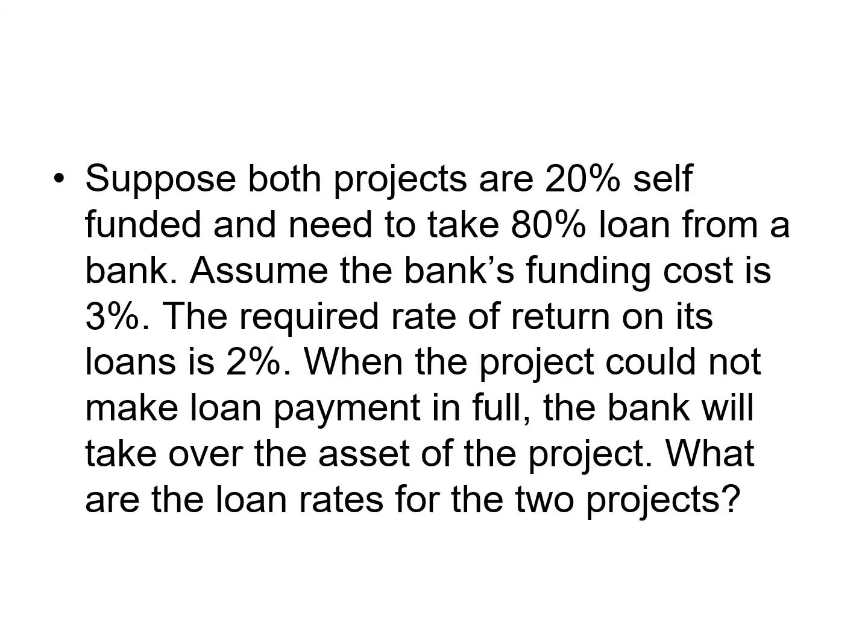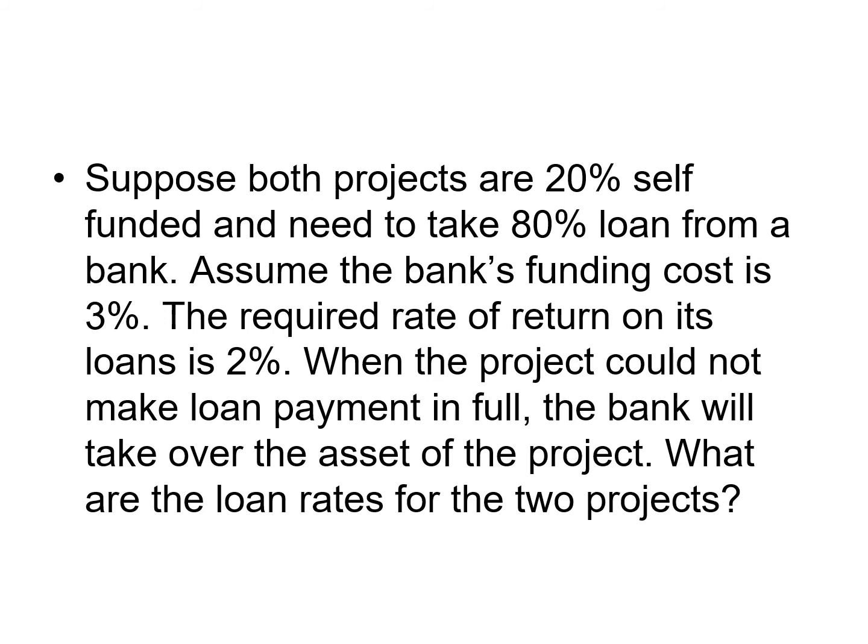Suppose both projects are 20% self-funded and need to take 80% loan from a bank. Assume the bank's funding cost is 3%. The required rate of return on its loan is 2%.